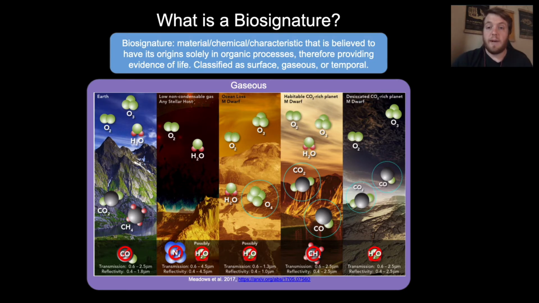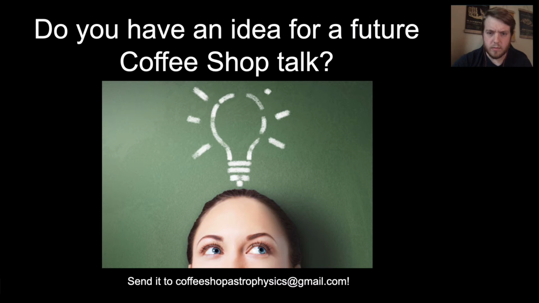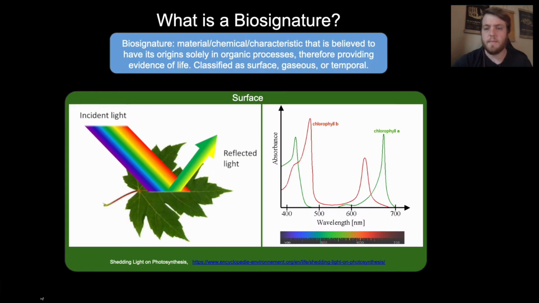The next type of biosignature that I'll talk about is called surface biosignatures. Surface biosignatures include changes in the light that we observe from a given planet that are due to something organic on the surface absorbing parts of that light.